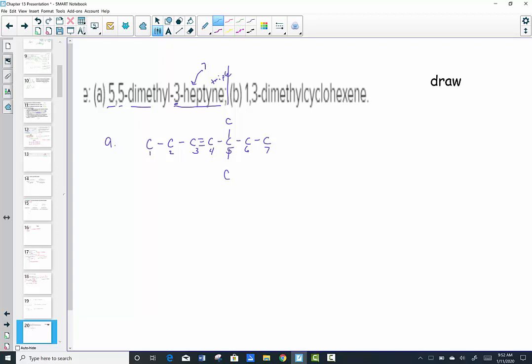Now, if I were to draw this into a line structure, remember that a triple bond is a very flat area, that this is 180 degrees. So remember the trick? I want you to draw a long line and then place a triple bond kind of in the center of it. Whoops. That was my fingers. There we go.